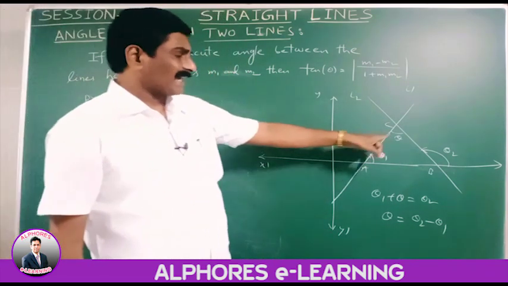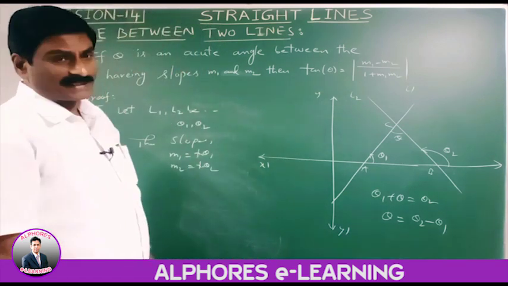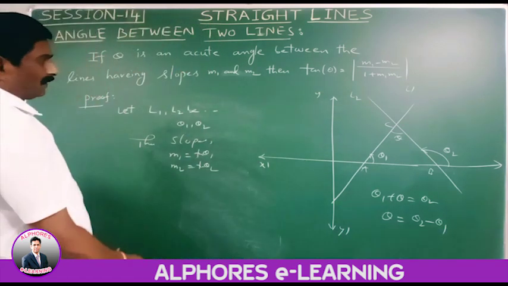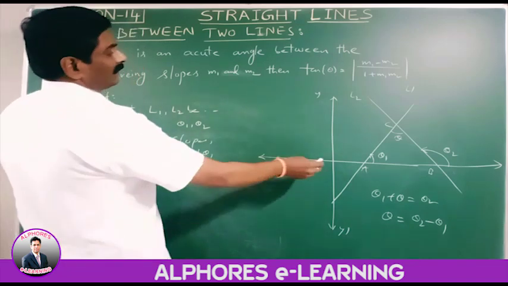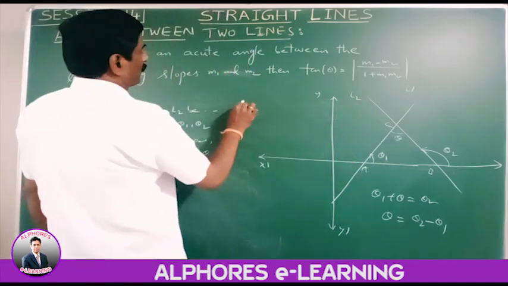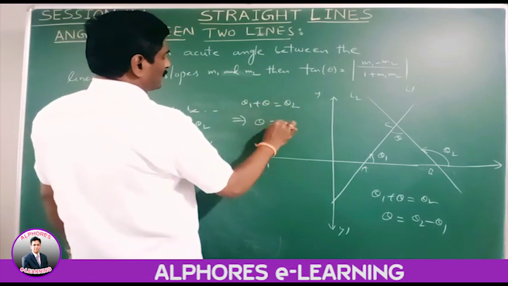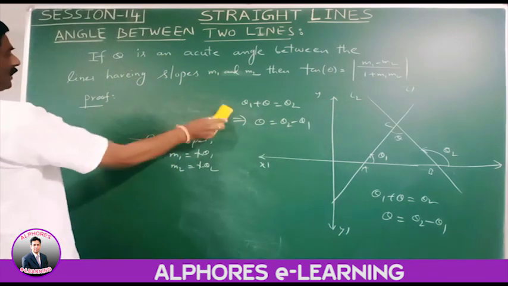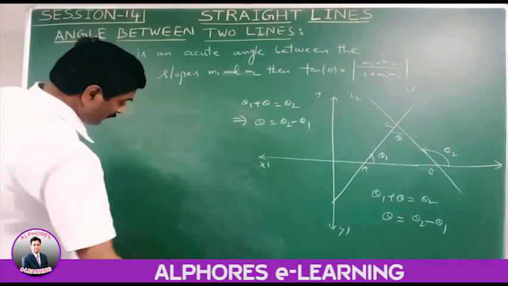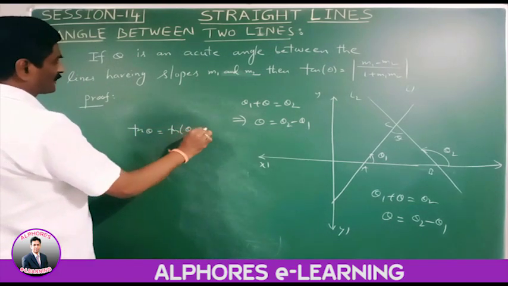From the given, theta is the acute angle between the lines. Let theta be the angle between the two lines. From the adjacent diagram, theta 1 plus theta is equal to theta 2. That implies theta is equal to theta 2 minus theta 1. Applying tan on both sides, we get tan theta is equal to tan of (theta 2 minus theta 1).